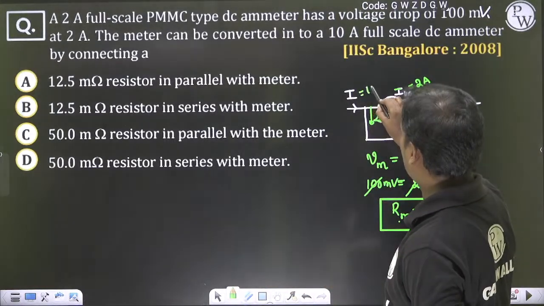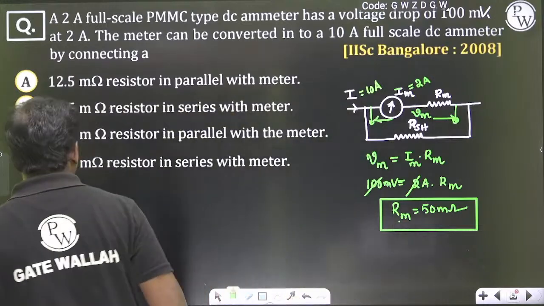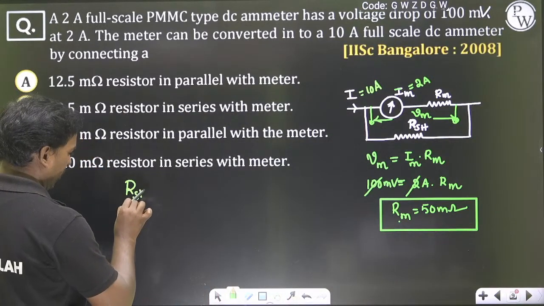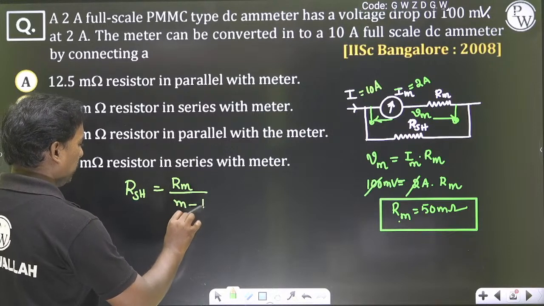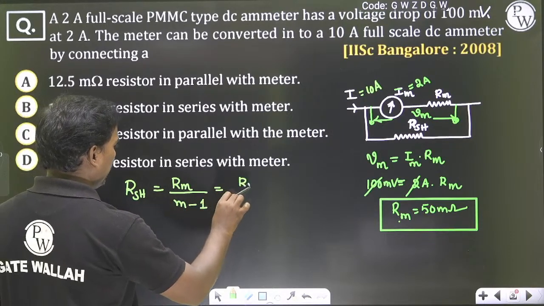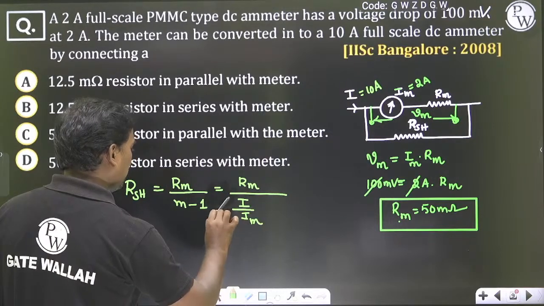This should be converted to 10 amperes current by connecting a shunt. So RSH is equal to Rm by (m minus 1). So m can be taken as I by Im.